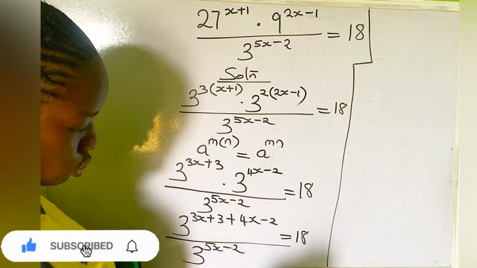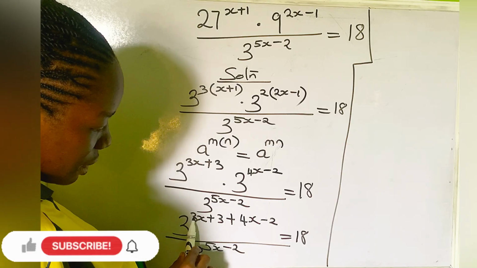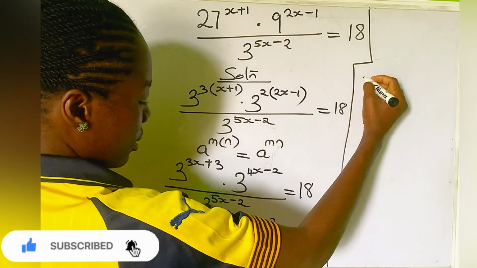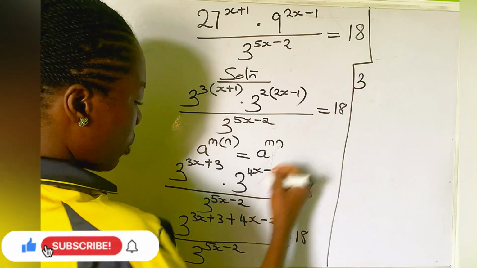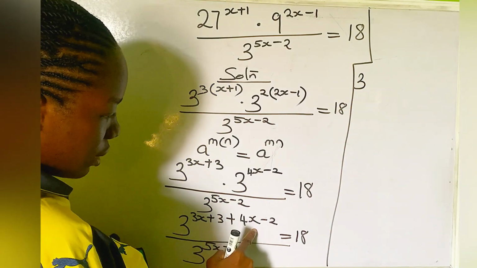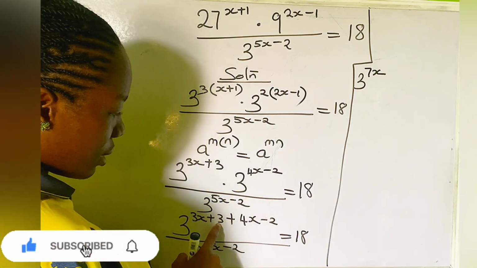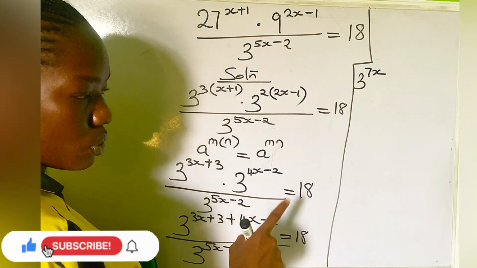So now we're going to do what? We're going to be solving this exponent first. So now this is 3 to the power of 3x plus 4x, which is going to give us 7x. Now 3 minus 2 is what? 1.